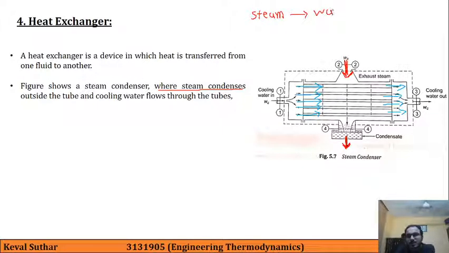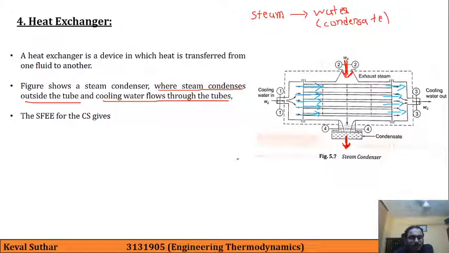In this figure this water is called condensate. So this steam condenses outside the tubes and cooling water flows through the tubes.